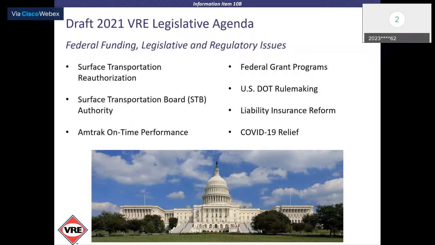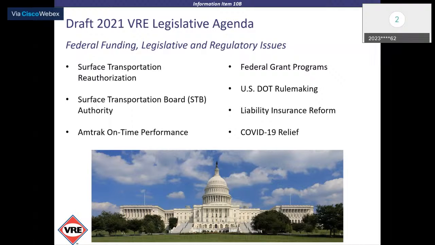Not a whole lot has been happening lately. The liability insurance reform, as I mentioned at the committee, it was very expensive this year compared to previous years to fully fund the insurance that we're required to get.